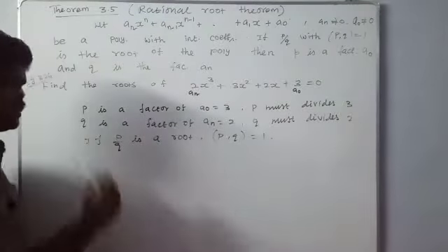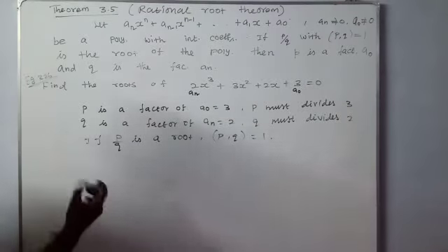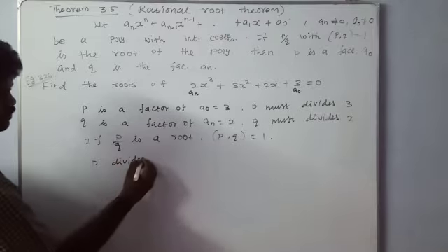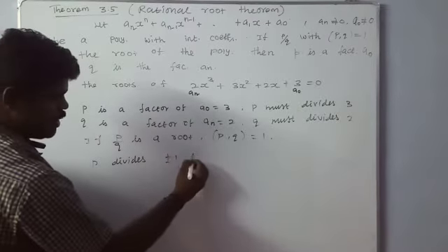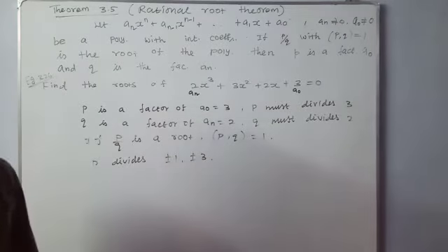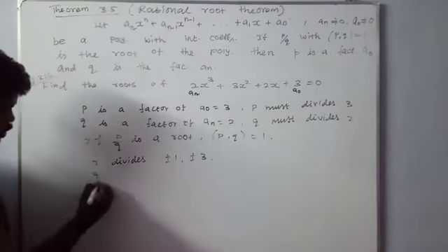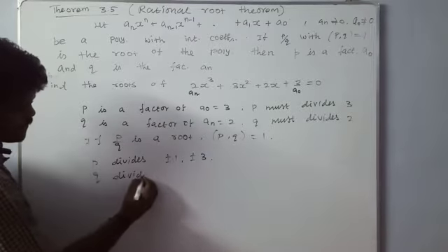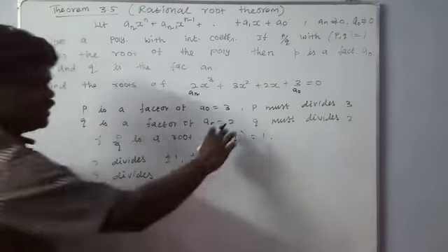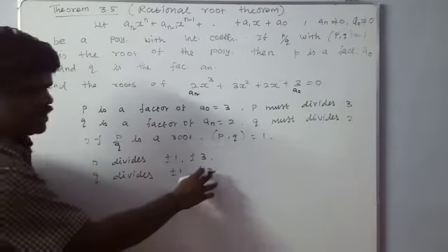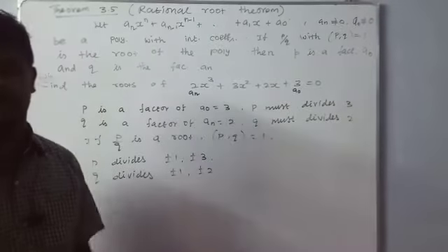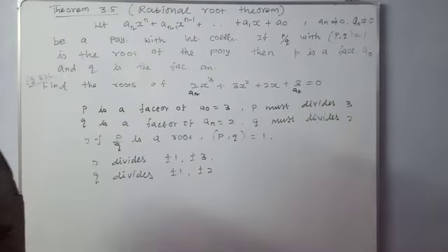So p divides plus or minus 1, plus or minus 3, and q divides plus or minus 1, plus or minus 2, because 2 is a factor. The common divisor of 2 is 1 and 2, because of the p by q form.